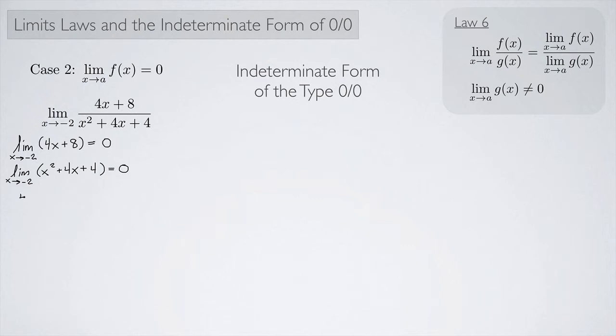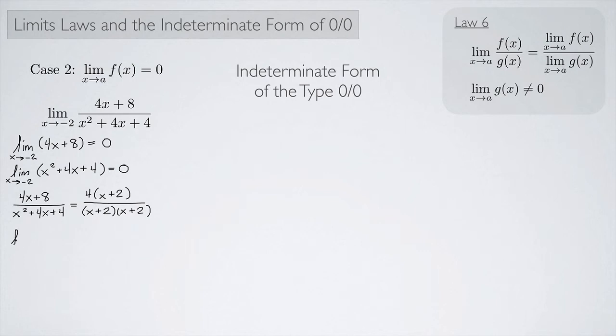So 4x plus 8 divided by x squared plus 4x plus 4 does factor. We have a common factor of 4 up top, so that gives us an x plus 2. And on the bottom, I think we have an x plus 2 and an x plus 2. Let's check that. 2 plus 2 is 4, 2 times 2 is 4, so yes, this works.